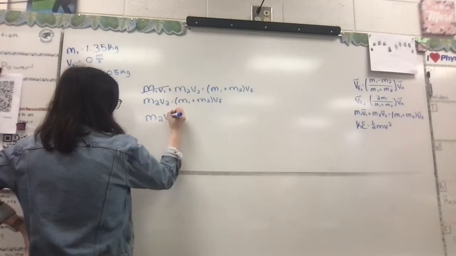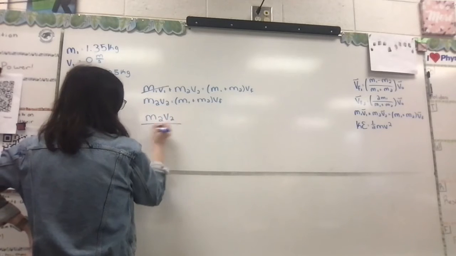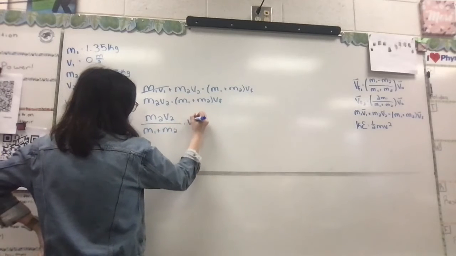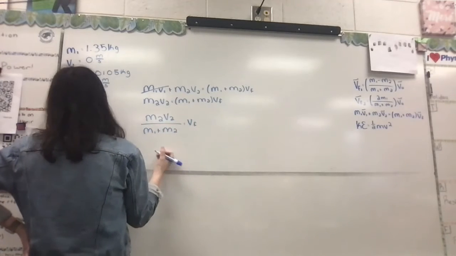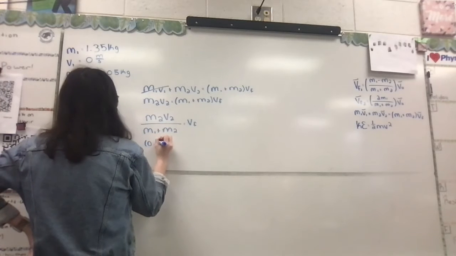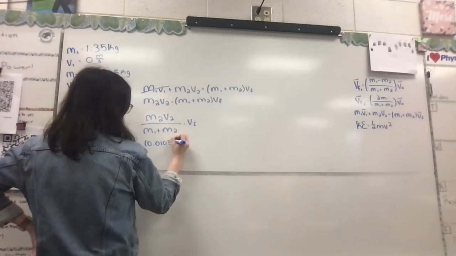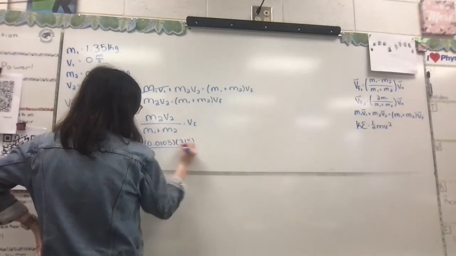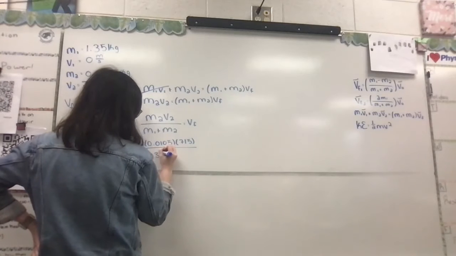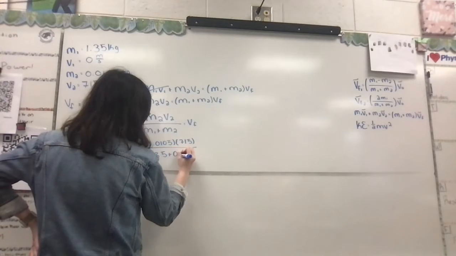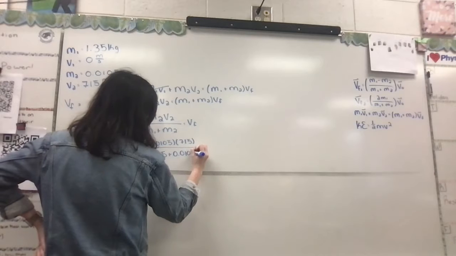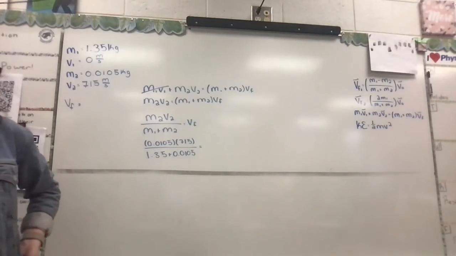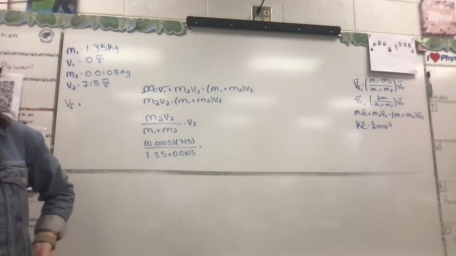So we'll have M2 V2 divided by M1 plus M2, and that should give us our final velocity, which means 0.0105 times 715 divided by 1.35 plus 0.0105. Okay, I'm at 5.563.